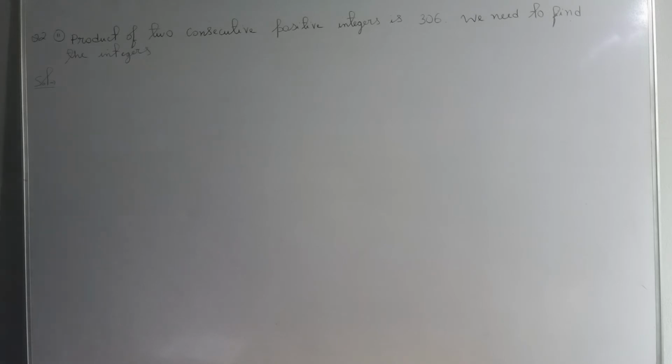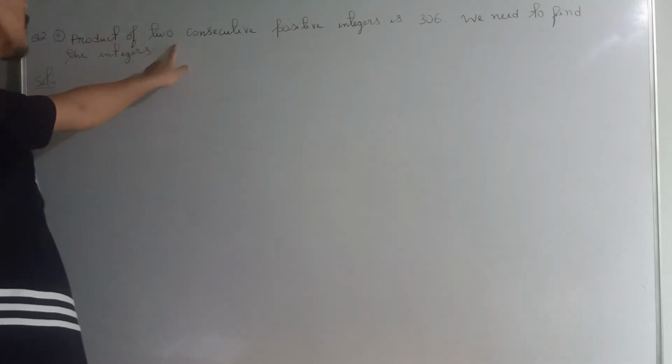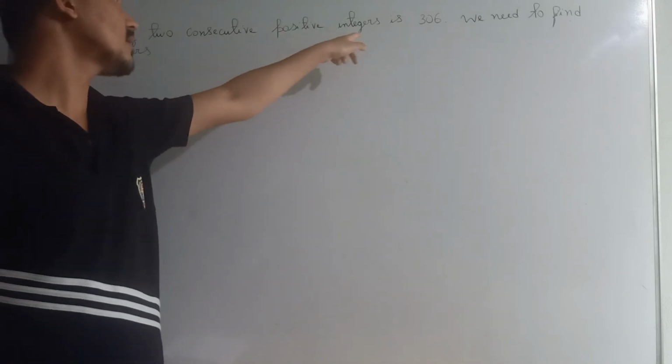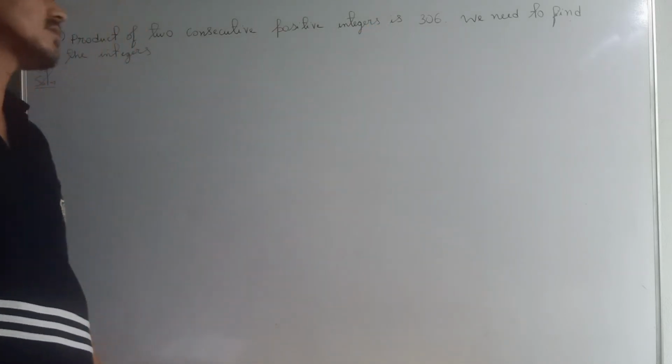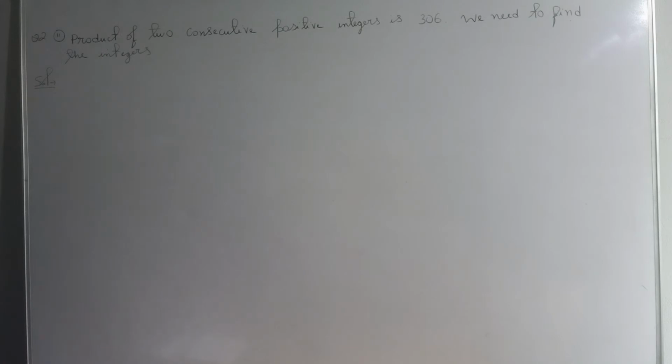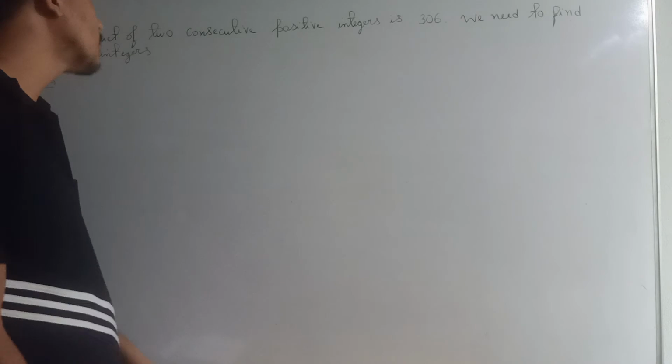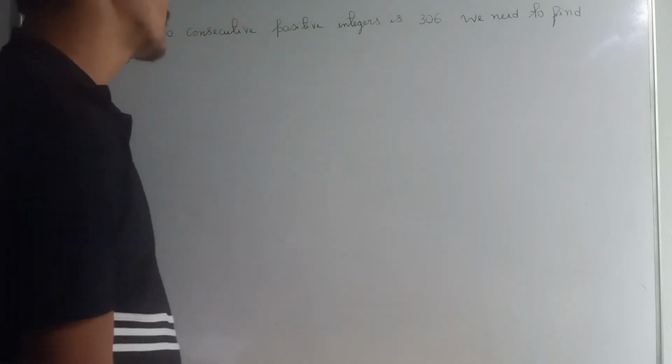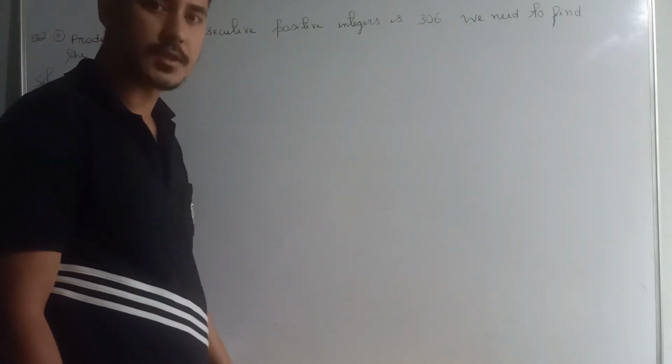So in Roman 2, the given situation is: the product of two consecutive positive integers is 306. We need to find those two integers. When you talk about positive integers, then we are talking about the natural numbers.